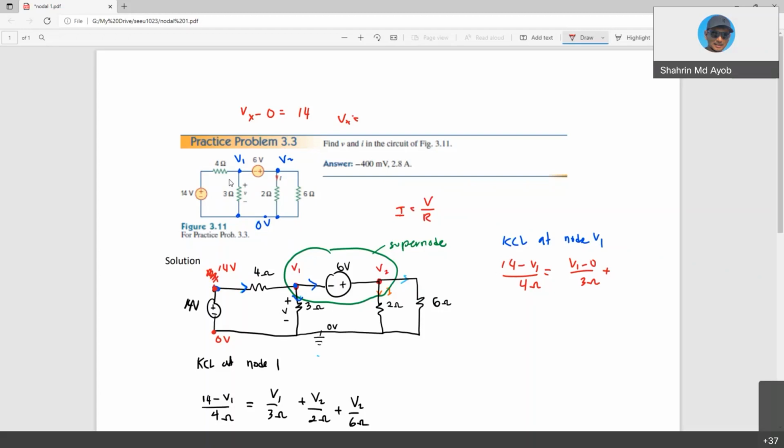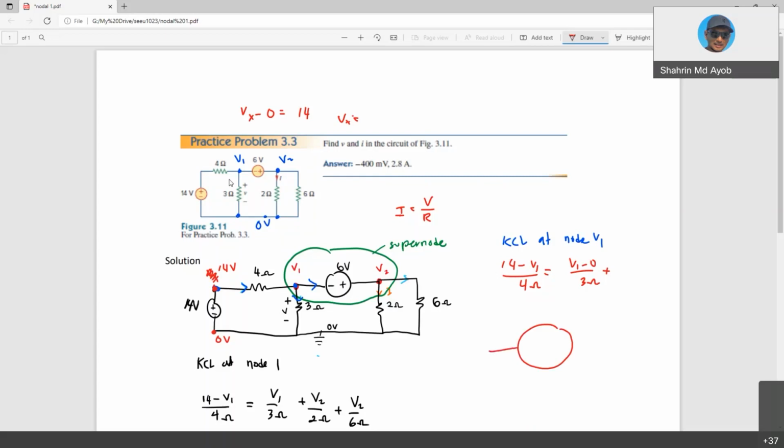So what is a supernode? We represent V1 and V2, which are connected with the voltage source here, as one big supernode.